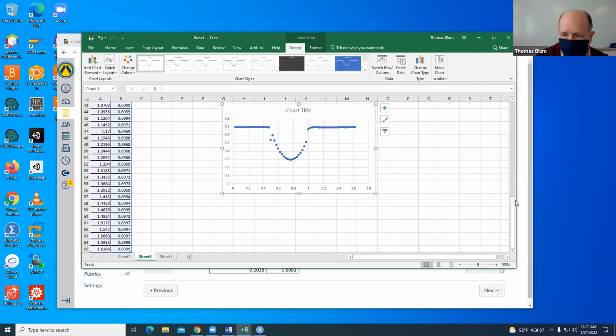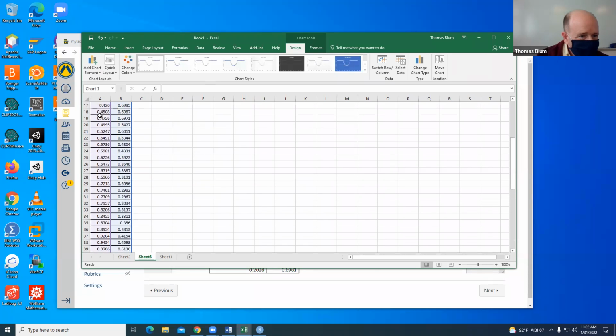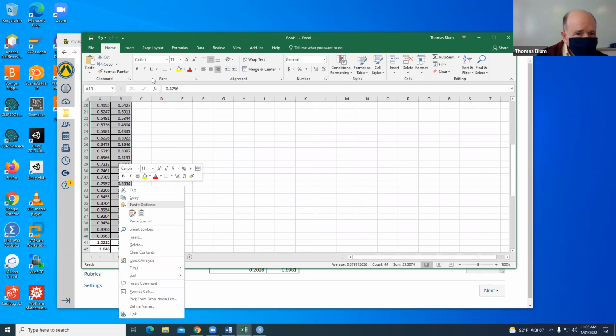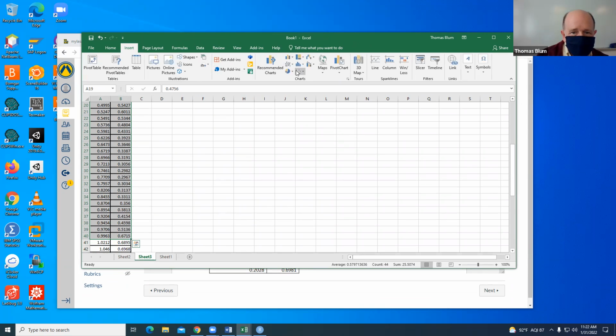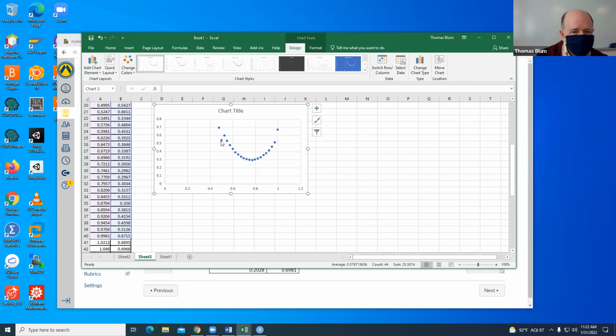So I'm just going to remake the graph, or I could delete the data either way. But I'm going to remake the graph here, just highlighting that data I want, and then do an insert XY scatter. Now there's my parabola part, and there's this one point. Maybe I should throw it away, maybe keep it, who knows, but I'm going to keep it.